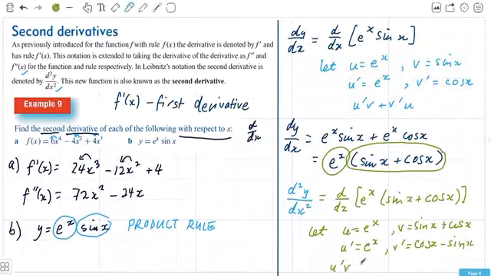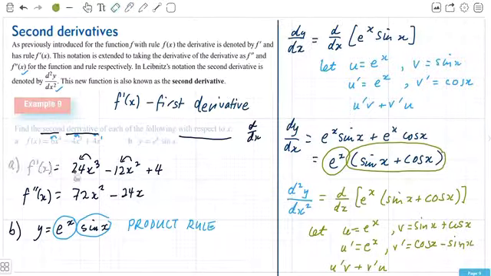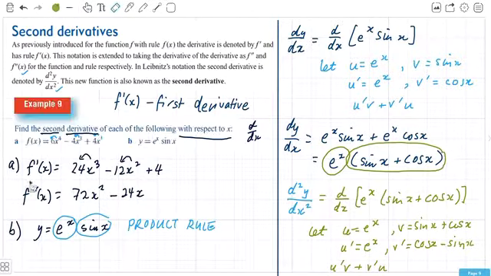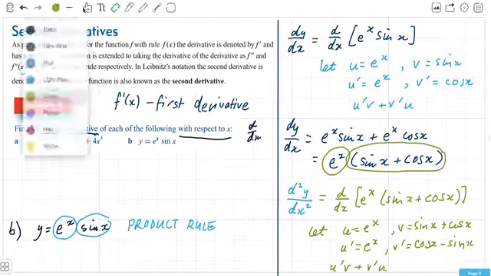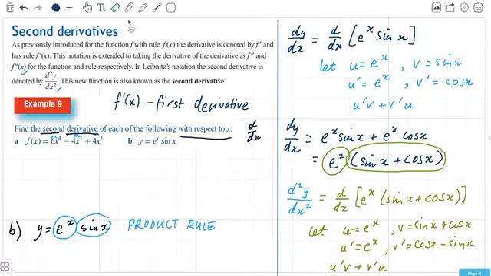And our product rule is u dash v plus v dash u. I'm just going to rub out part A, we've done that one.